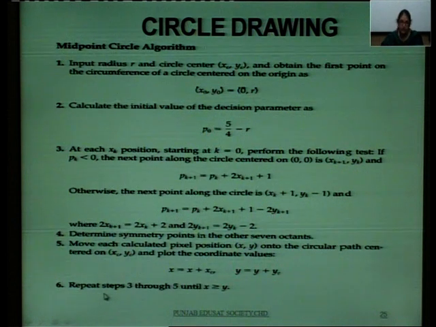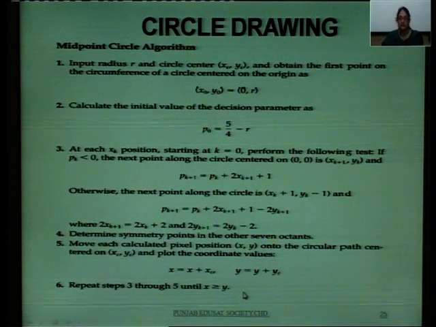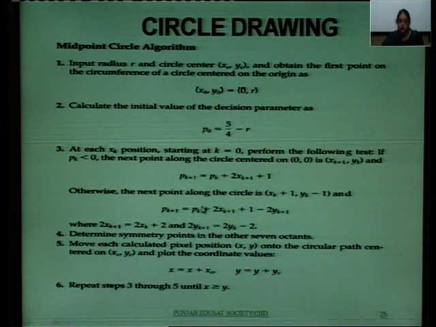So, repeat steps 3 through 5 until x is greater than or equal to y. So, this is the midpoint circle algorithm technique, which is used to find the values of the pixel points on the circumference of the circle by dividing the circle into 8 octants.